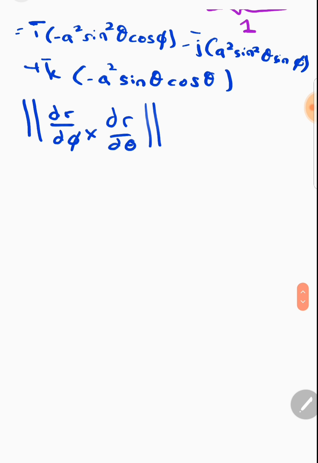So to get the magnitude, square those up and take the square root of it.